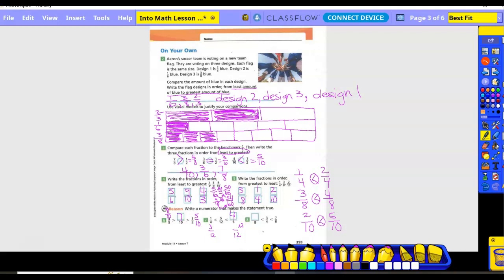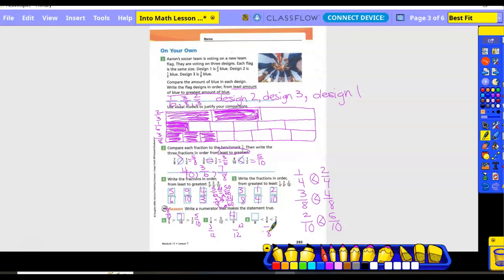Okay, what's going to be my common denominator for 8? Not 4. 8, right? So we only have to change one of them, right? Okay, how did I get from 4 to 8, guys? Times 2. So what I do on the bottom, I have to do on the top.